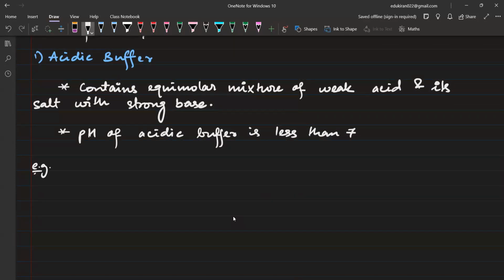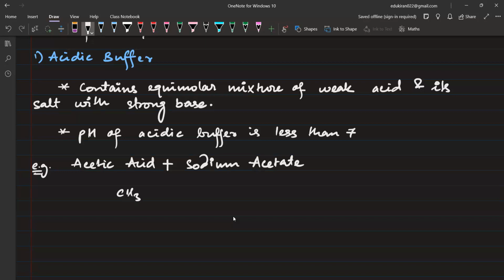For example, we have acetic acid plus sodium acetate. Both of these things are inside water. So when we have acetic acid and sodium acetate, there are two equilibria which exist.